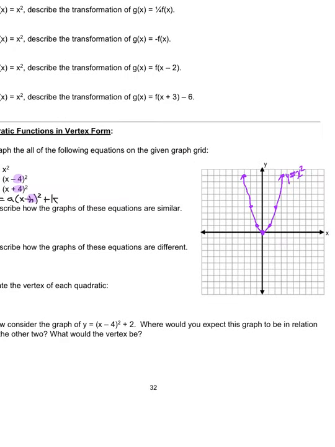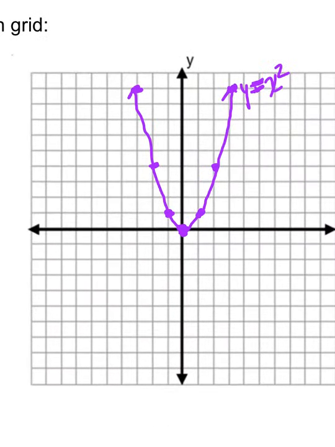So for the first graph, which has an x minus 4, it's going to be a 4-unit shift to the right. Every point gets shifted over 1, 2, 3, 4 units to the right. I wanted that to be in red.